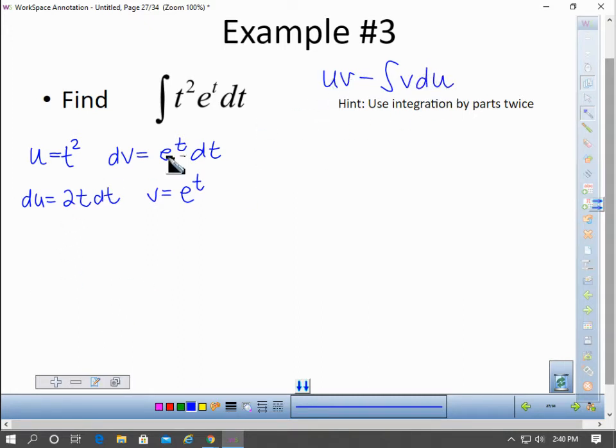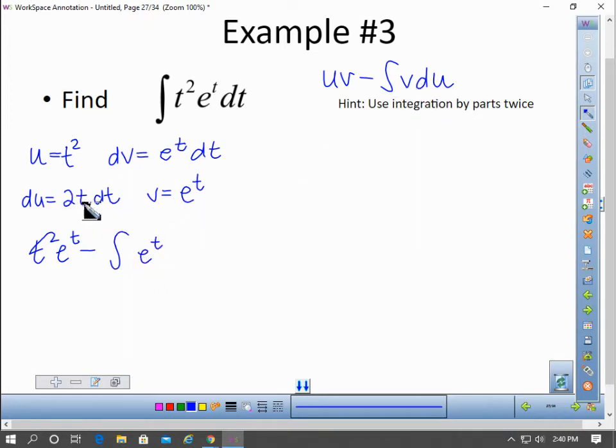So we're going to do the u times the v. So the u times the v is t squared e to the t minus the integral of v and then the du. So e to the t and then the 2t dt.